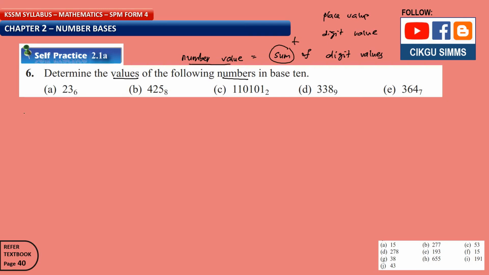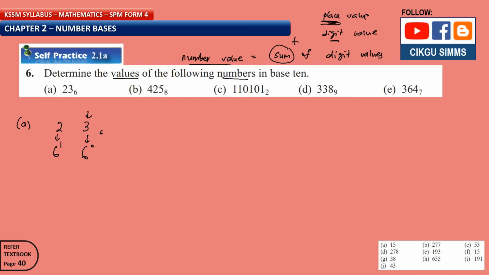So for example, 2, 3, base 6. You find the place value, 6 to the power of 0, 6 to the power of 1. Okay, and then you find the digit value. So digit value means you multiply this number, right? So 3 times 6 to the power of 0 is your first digit value for the number 3.